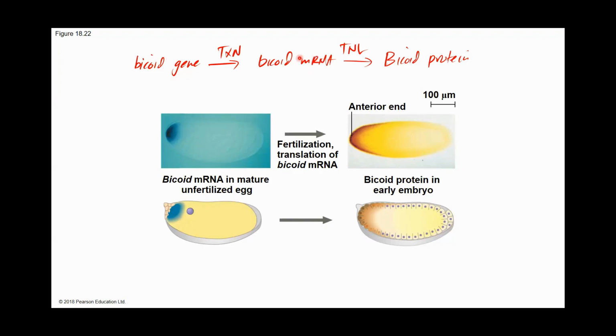When scientists looked at the bicoid mRNA and the bicoid protein, they found that it's more concentrated at one side of the egg compared to the other.